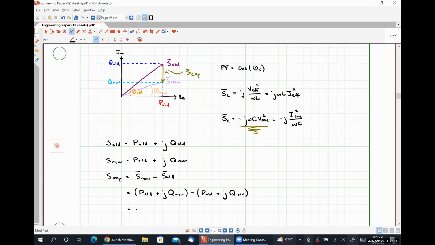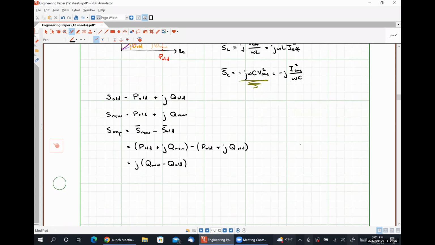And so this just leaves us with J times Q new minus Q old, or J times Q cap, okay, where Q cap is the amount of complex power that's being absorbed by our capacitor. Now, I want to point something out here.